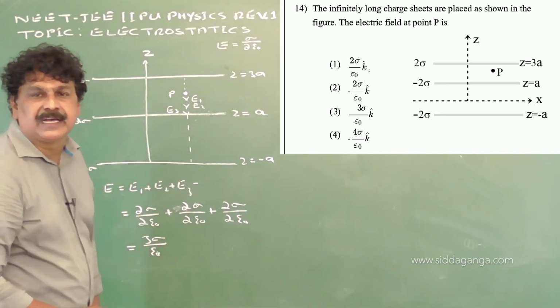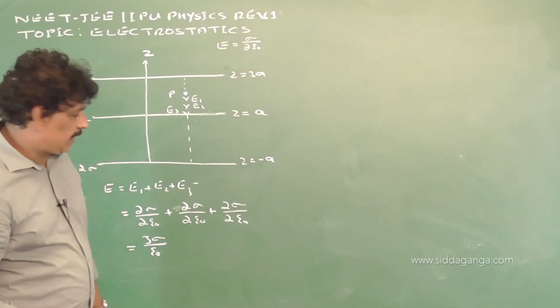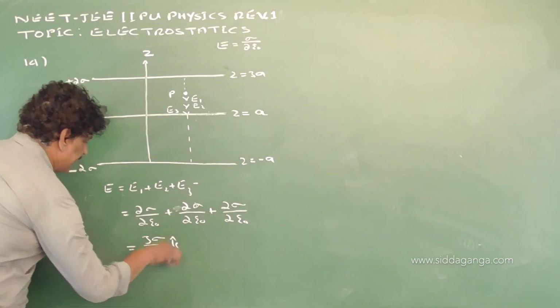So the option is the third one, 3 sigma by epsilon naught. We can take the direction K also.